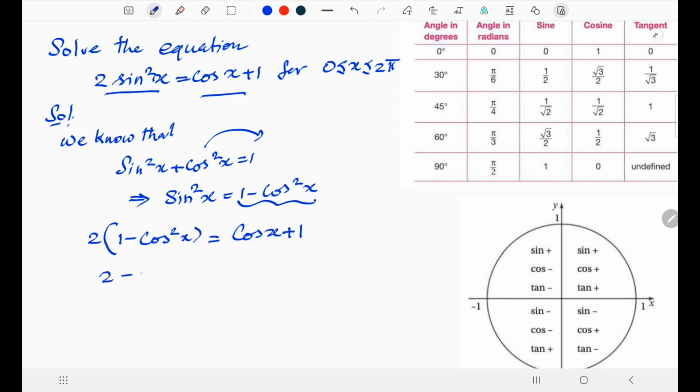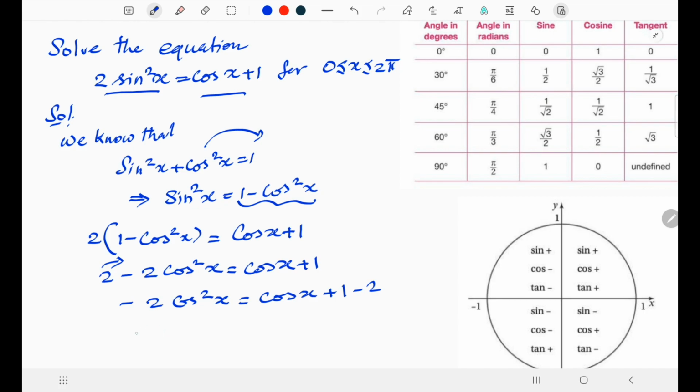Solve this one. 2 minus 2 cos square x equals cos x plus 1. Minus 2 cos square x equals cos x plus 1 minus 2. So bring this 2 to the other side.